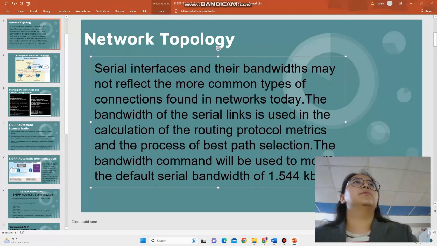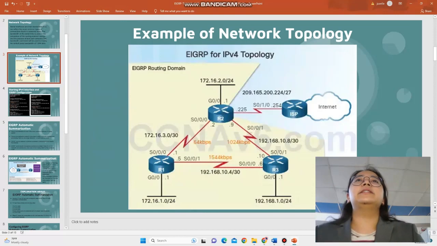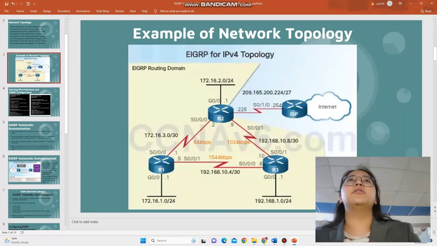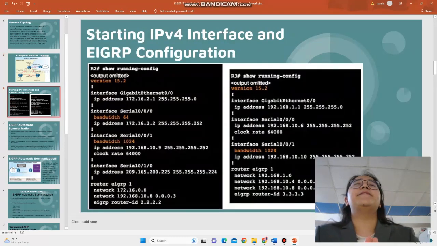So, let's proceed for the example of network topology. So, this is the example of network topology for the IPv4 topology. So, this is also the starting IPv4 interface and EIGRP configuration.